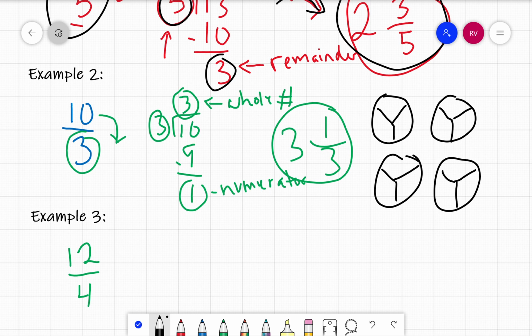Okay. Now, 10/3 and 3 and 1/3 are what we're going for here. So we can just count 10/3. 1, 2, 3, 4, 5, 6, 7, 8, 9, 10.